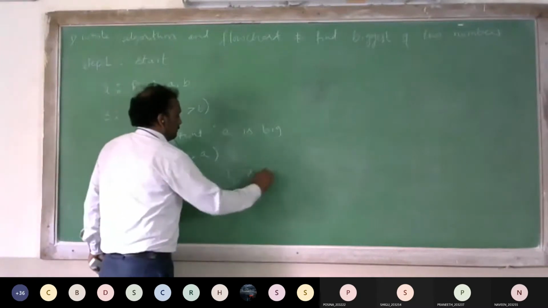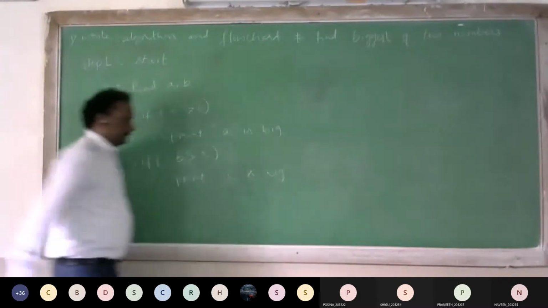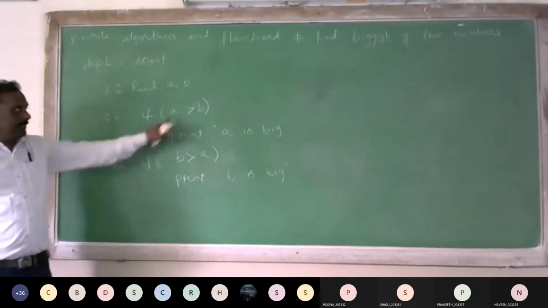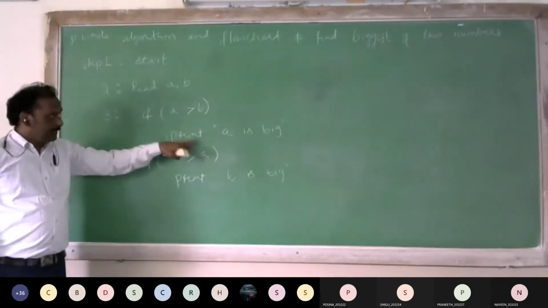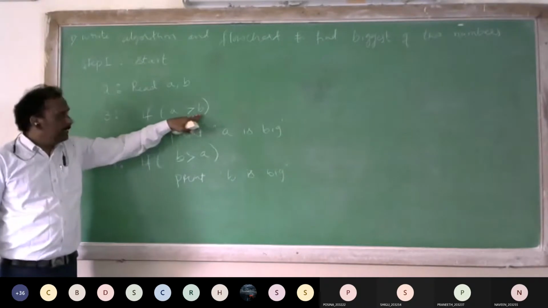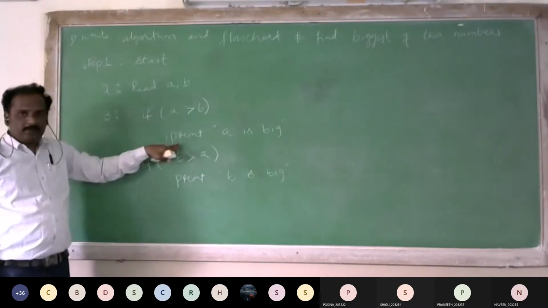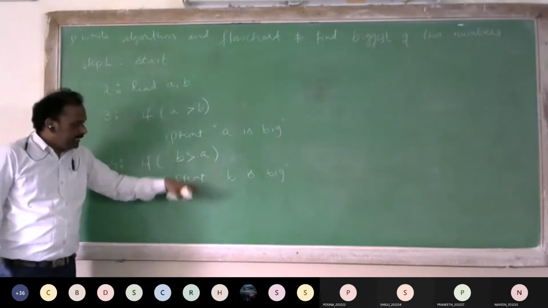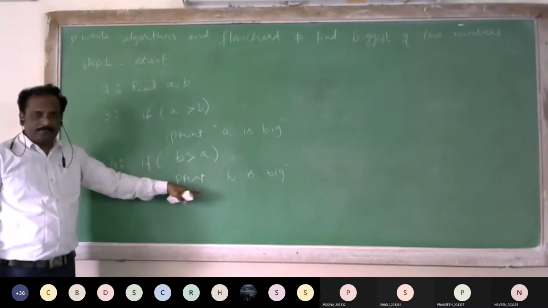Print B is big. If A is greater than B, then only you do the first one. If A is less than B, then that will not be executed. Then it will check again here. If B is greater than A, then this will be printed.